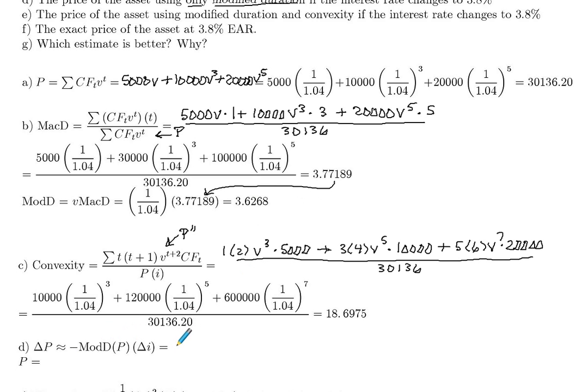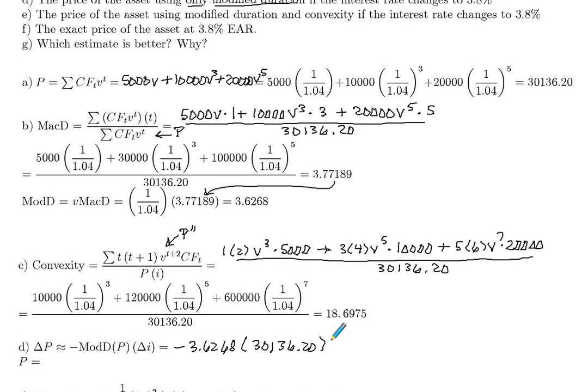So negative mod D here is going to be negative 3.6268. And then our price, that means the price at the initial interest rate I is going to be 3136.20. I forgot my 20 cents there.